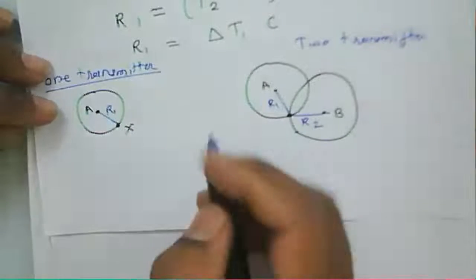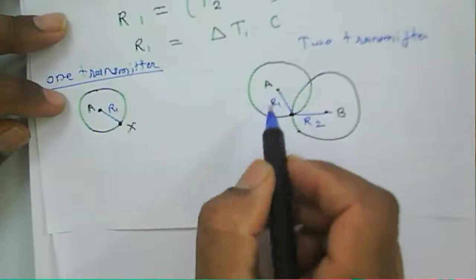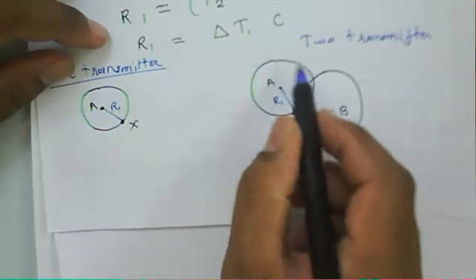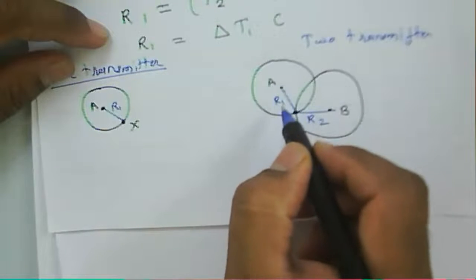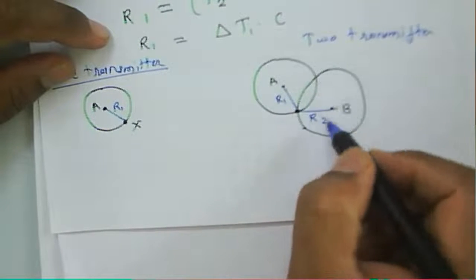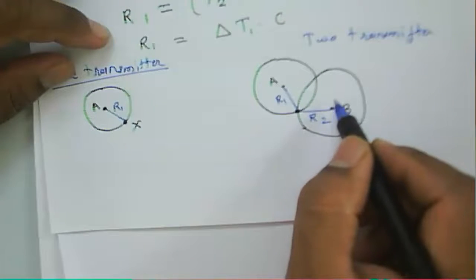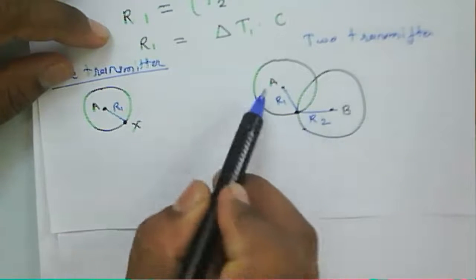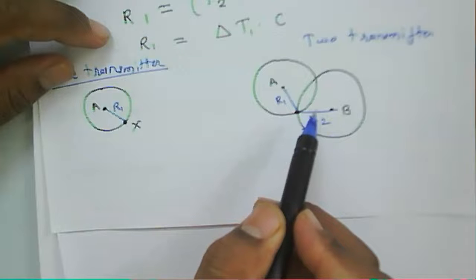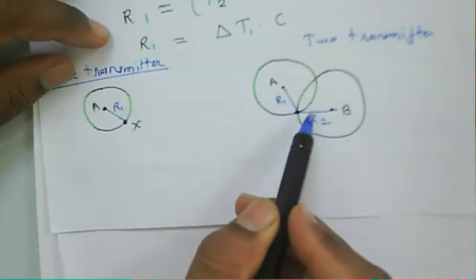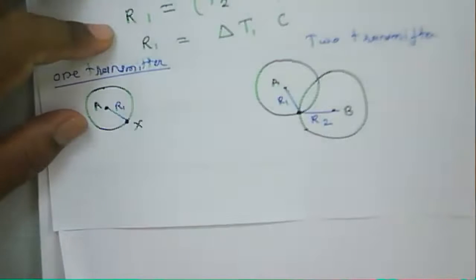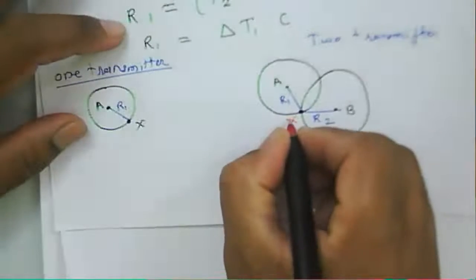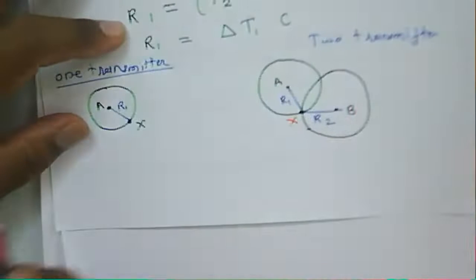Now in this two-transmitter case, we draw a circle of radius R1 here, and another circle which has radius R2. So we can find R1 and R2 from the transmitters. Sorry, X is our receiver; A is a transmitter, B is a transmitter.